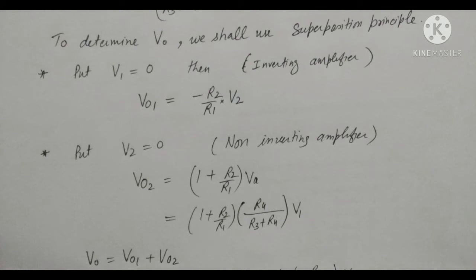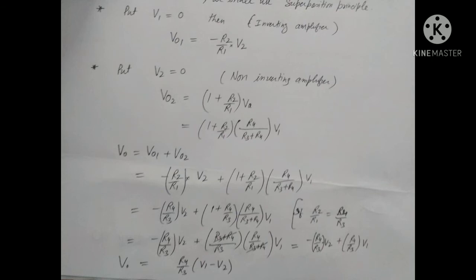So let us put these values, and we get minus R2 by R1 into V2 plus (1 plus R2 by R1) into R4 by (R3 plus R4) into V1.